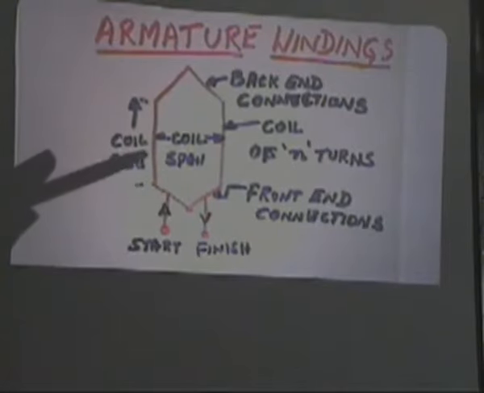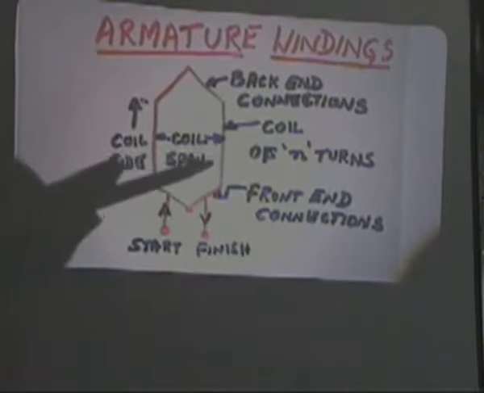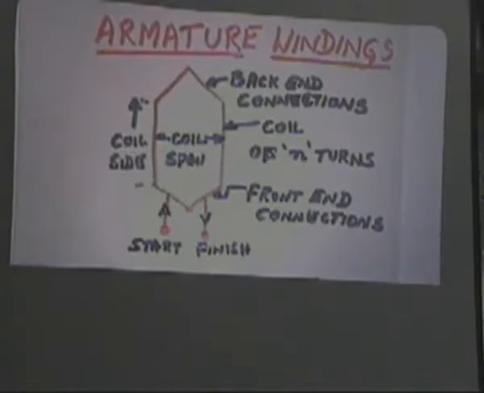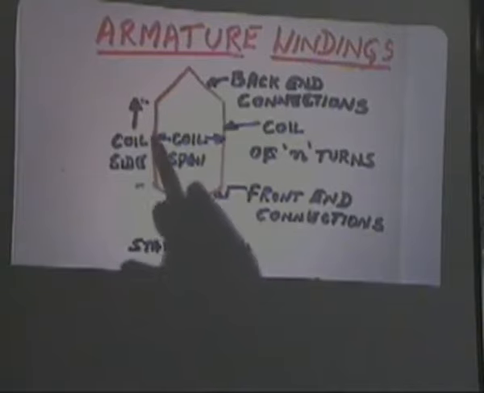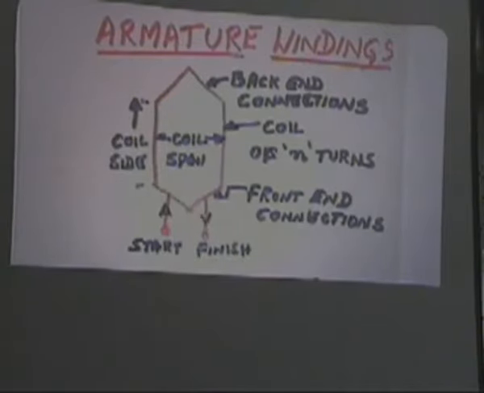As said, there is one coil side, there is another coil side. Let us say the coil is made of N turns. Now we know that the coil ends have to be connected to commutators. So one side you connect to the commutators, and there is another side which is not connected to commutators.